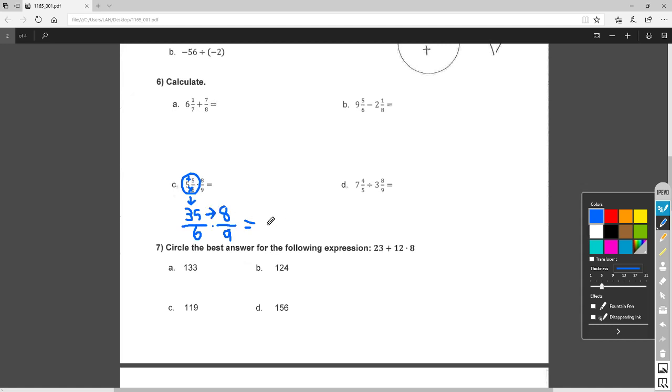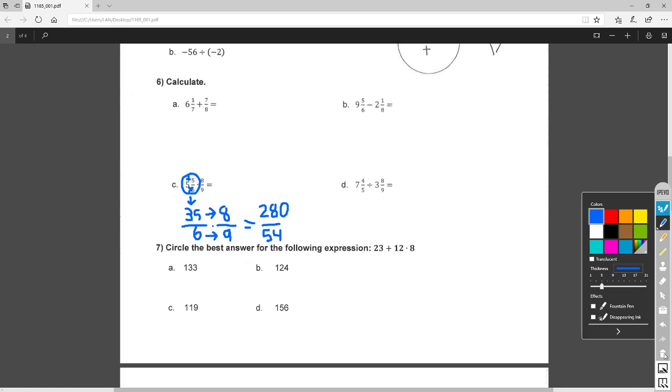I can just multiply across. So 35 times 8 gives you 280. Okay, and then the 6 times 9 gives you 54, so 280 over 54. Okay, and that's it.